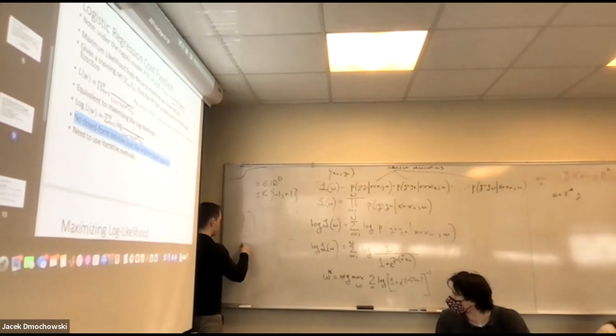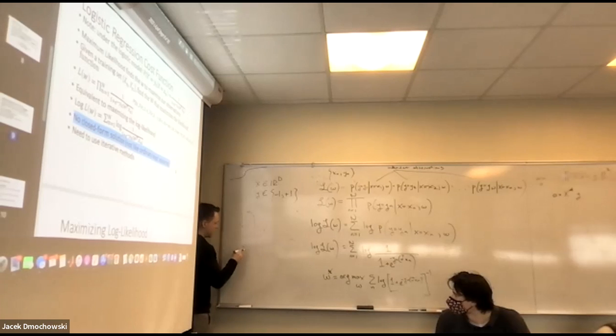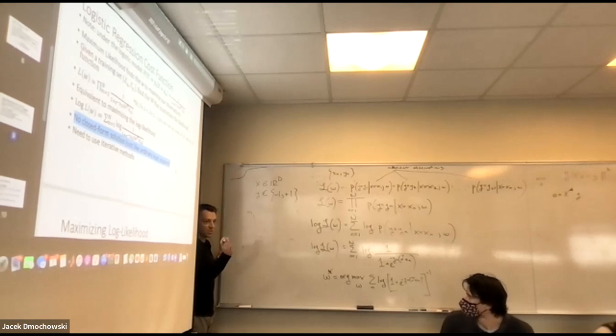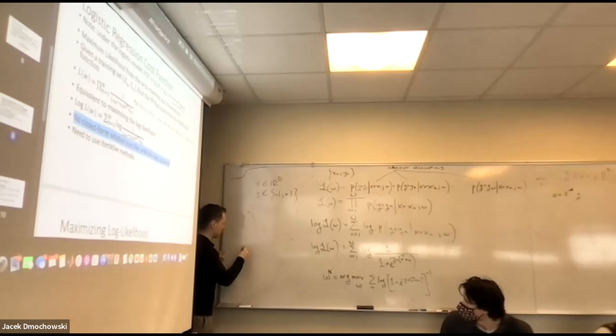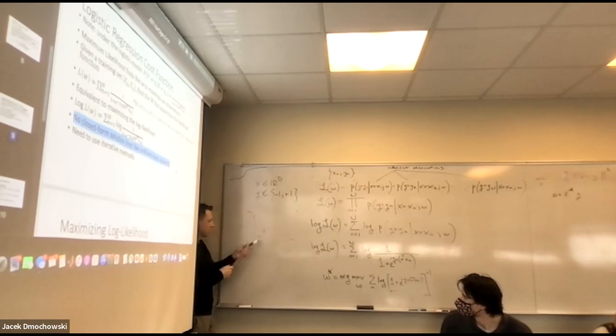You may start out here, and then what you do is you follow the gradient. The reason you follow the gradient is because the gradient points in the direction of steepest ascent. As long as you follow the gradient, and as long as you don't use too big of a step size, you'll always get to the top of the hill, basically.